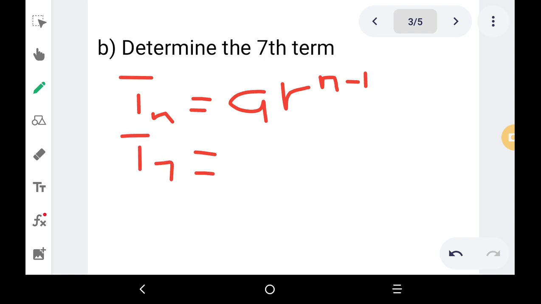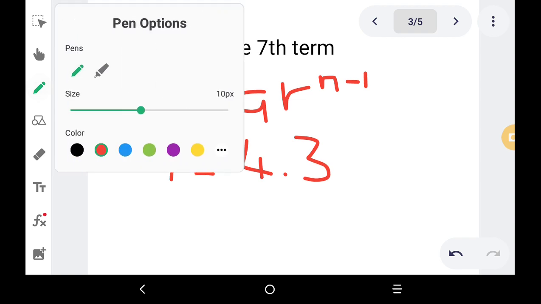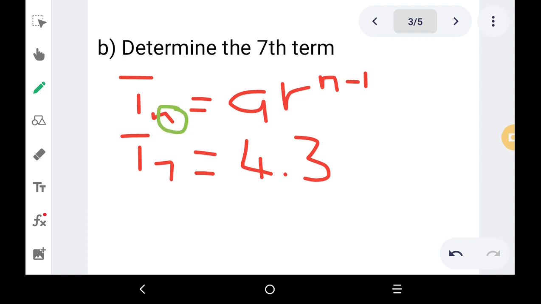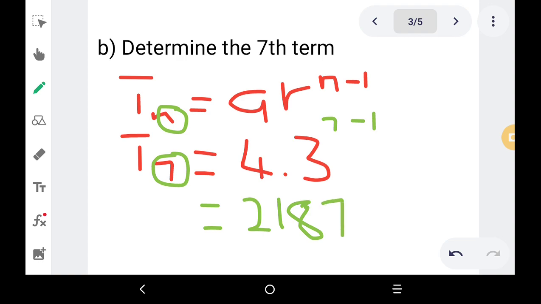We have our a, which is 4, and our r, which is 3, and instead of n we now have 7, so we have 7 minus 1. If we type this in our calculator, it should give us 2187. So this is going to be our final answer.